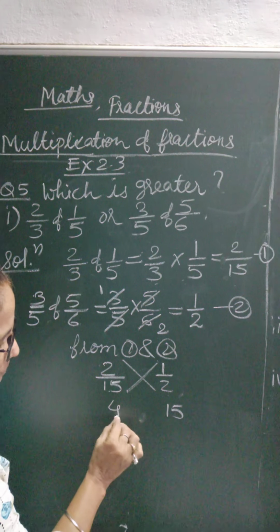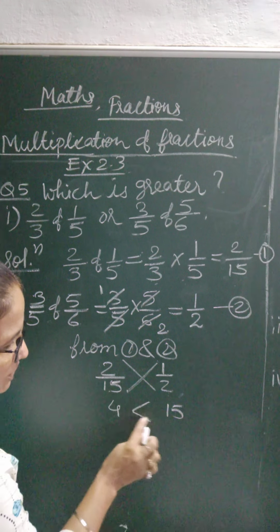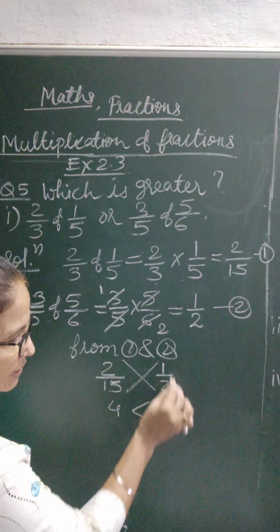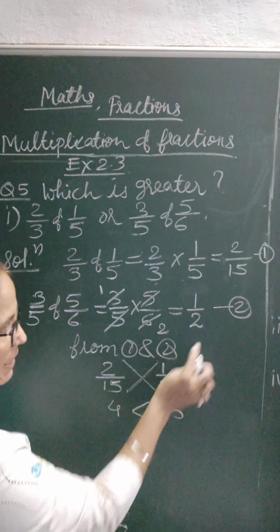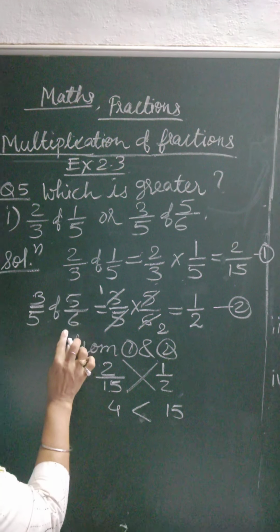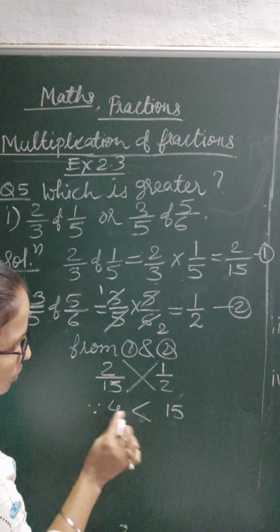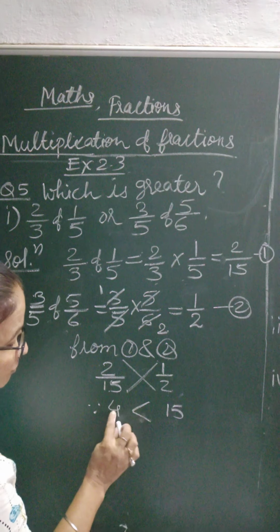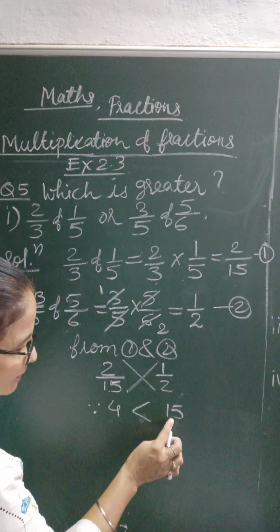Now here children you can find this 4 is less than 15, and this 15 is for 1 by 2, and this 1 by 2 is for 3 by 5 of 5 by 6. So since 4 is less than 15, it means 15 is greater.